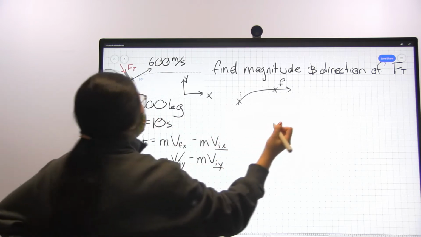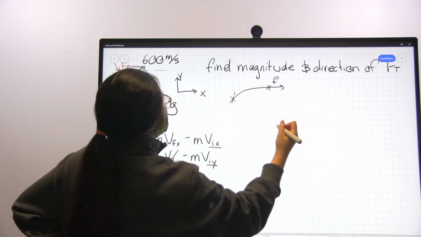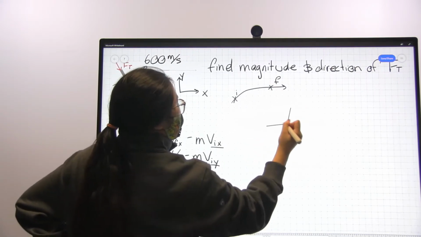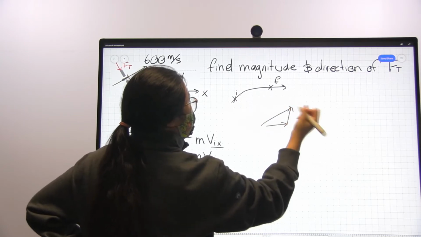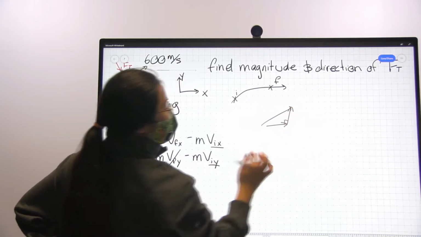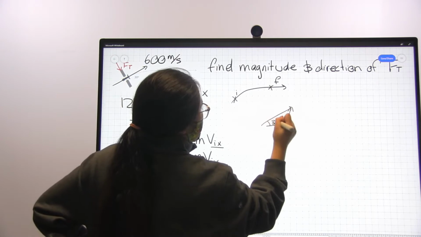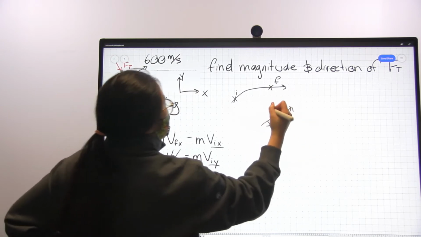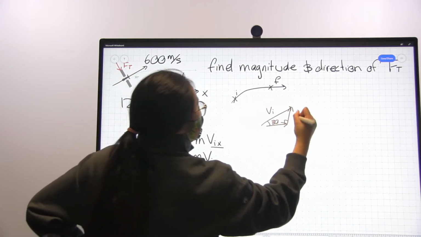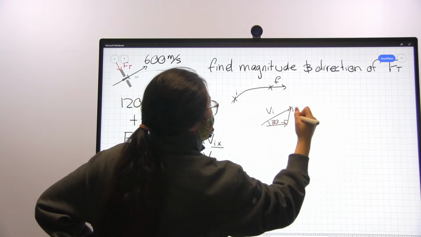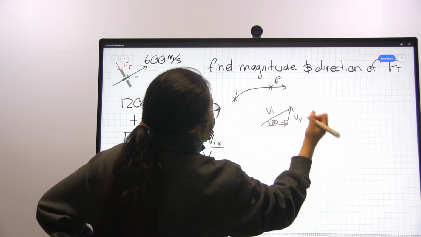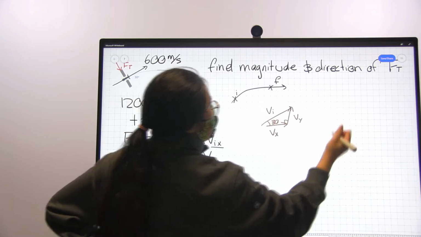So what we're going to do is use a little bit of trigonometry magic. That's supposed to be a right angle, but we're just going to go with it. If that's 30 degrees, and we know that this is v initial, this is v in the y direction and v in the x direction.